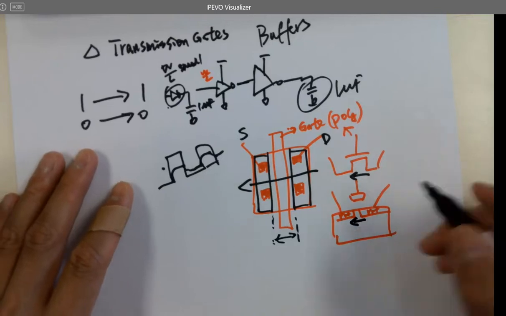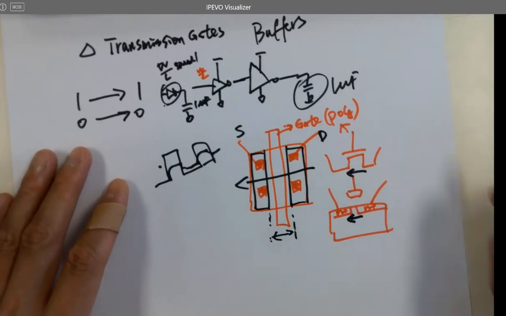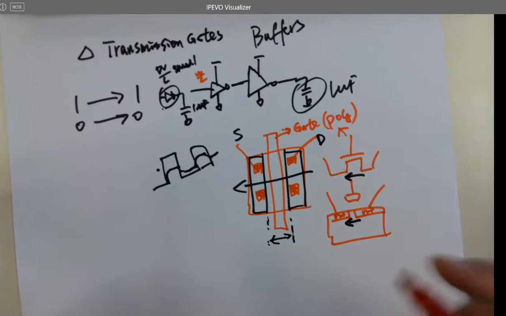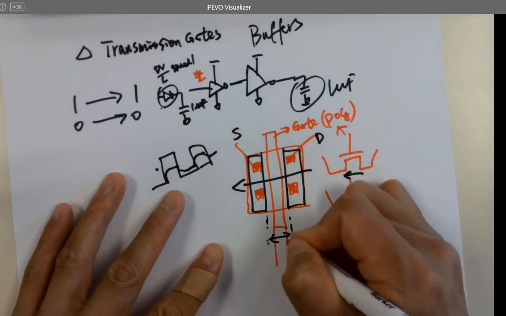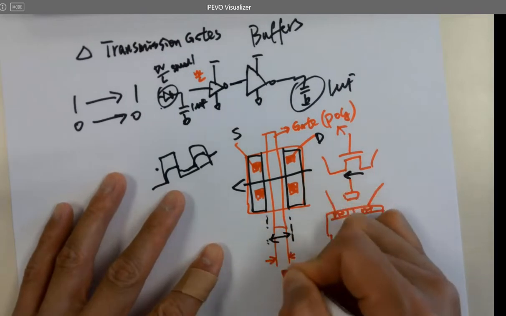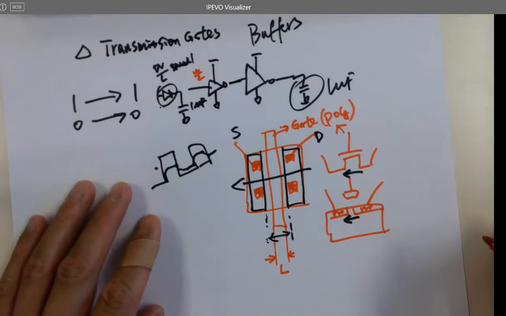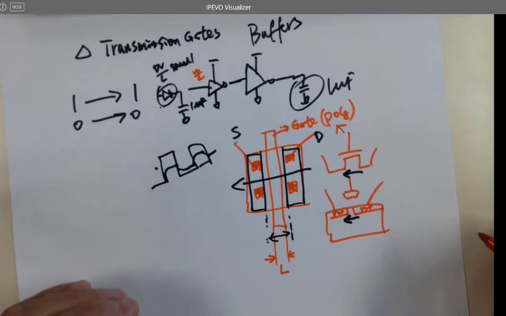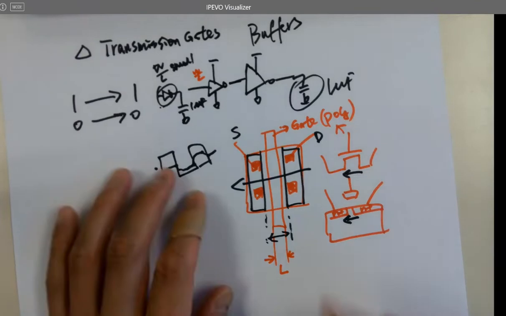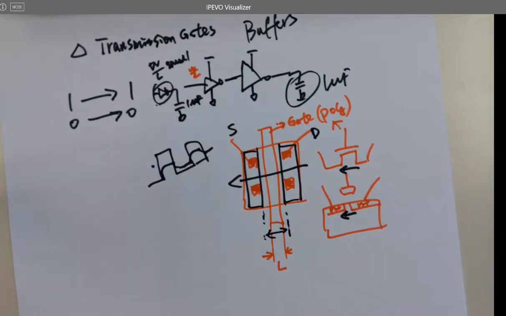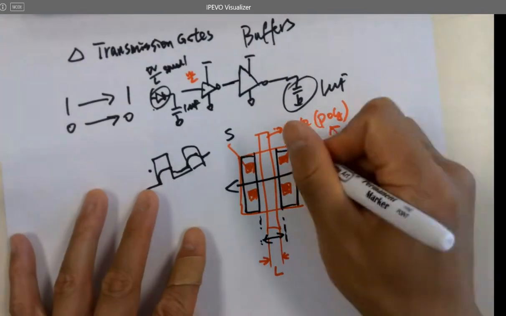But it's not even accurate. The accurate length here is the dimension of the poly. Here's the length. The length is determined by the dimension of the gate, keep in mind. And here's the width.